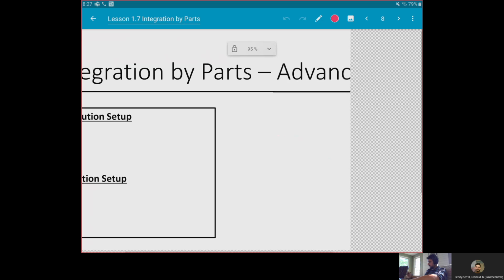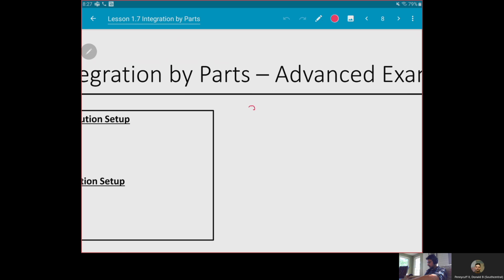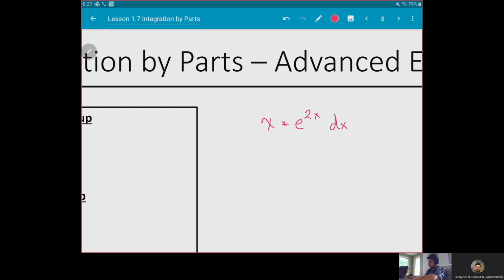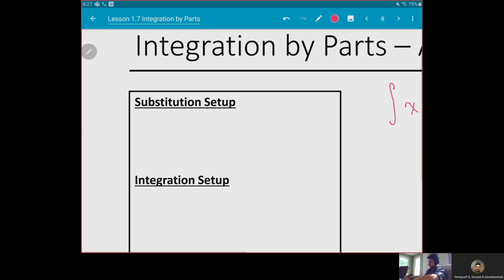So I have the integral of x times e to the 2x dx. So I'm just going to take that smaller integral and come over here and do integration by parts again. U is going to be equal to x, so the derivative is 1, so du equals dx.